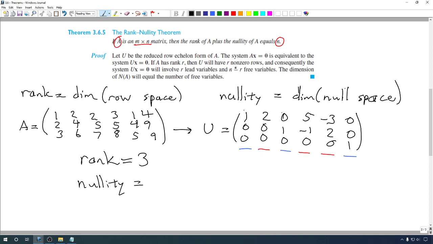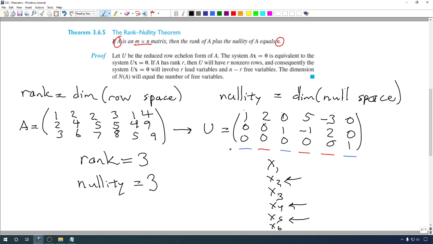So essentially, we need to determine x1 through x6. But since we're able to pick numbers for x2, x4, and x5, because those are free variables, that gives us essentially 3 degrees of freedom. That means our nullity is actually going to be dimension 3.